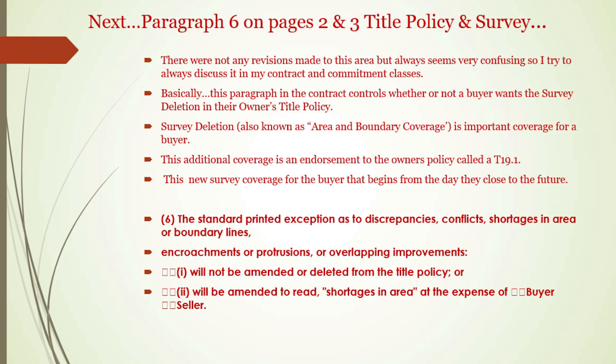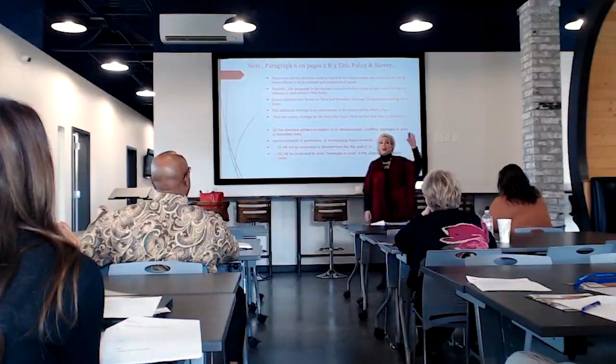Standard printed exception as to discrepancies, conflicts, shortages in the area or boundary line, encroachments, protrusions, or overlapping improvements. First one, will not be amended or deleted from the title policy, or will be amended to read shortages in the areas at the expense of blank buyer and blank seller. Does everybody know exactly what that means, does anybody do it automatically?